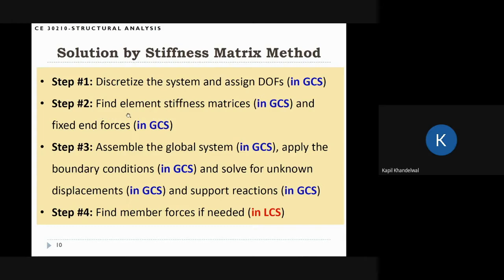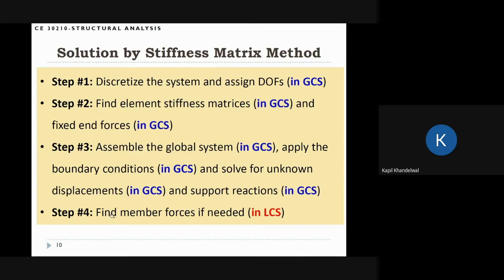Then we find the element stiffness matrices in the global coordinate system, and the fixed end forces also in GCS. After we find these, we assemble the global system, again in GCS. Then we apply the boundary conditions and solve for the unknown displacements and the support reactions. All these quantities were in GCS.